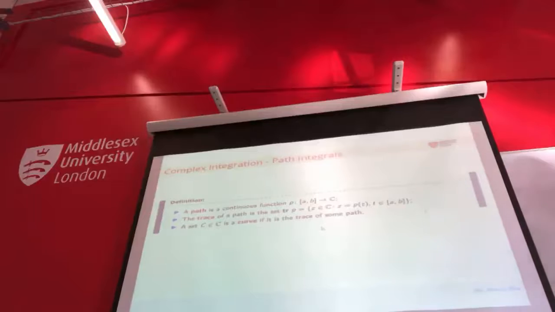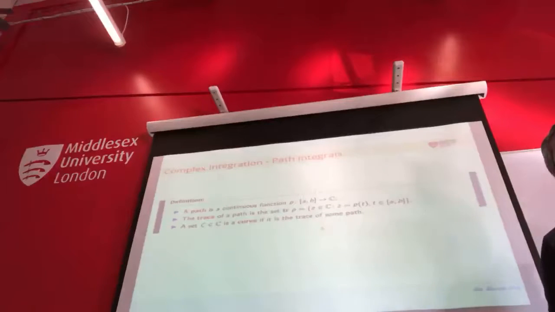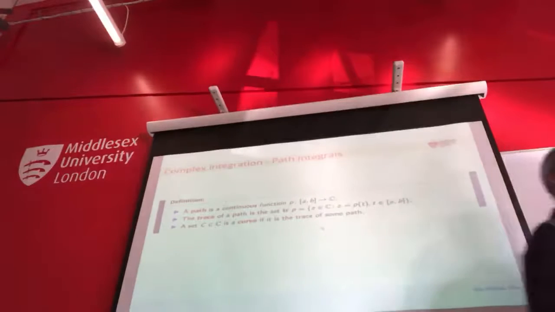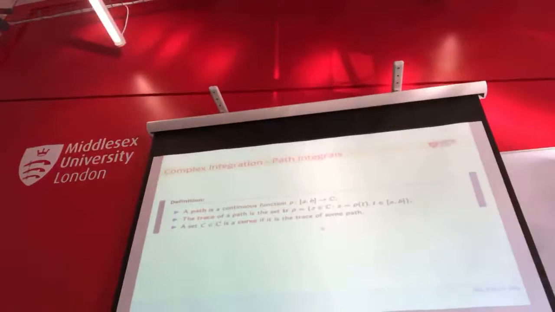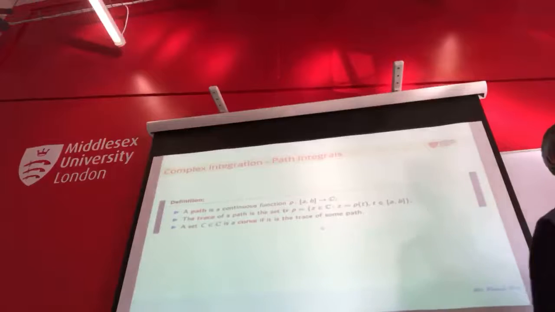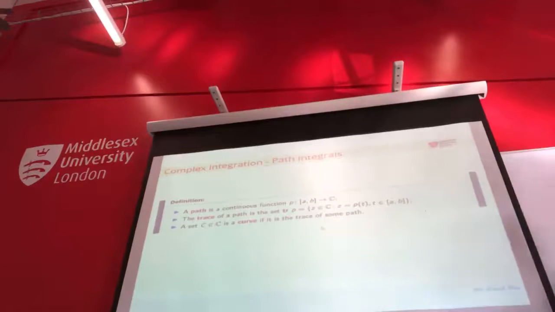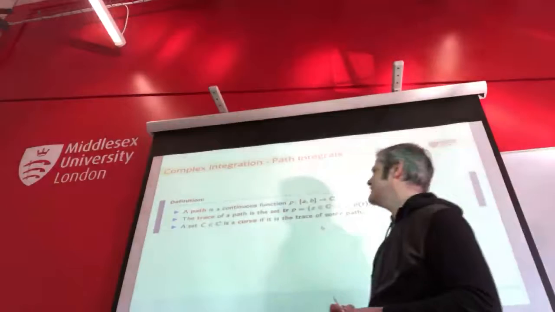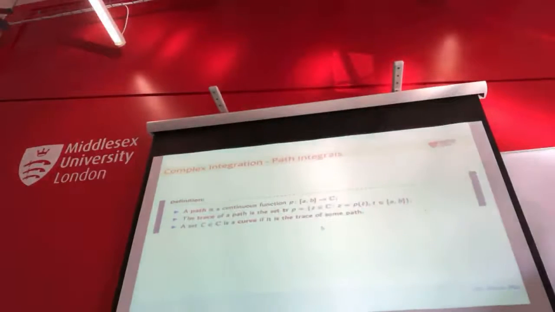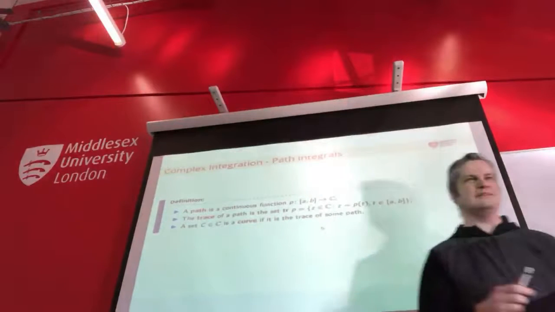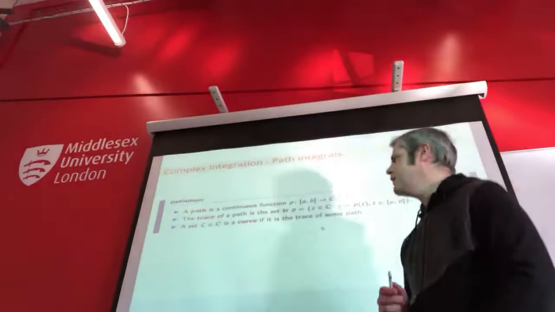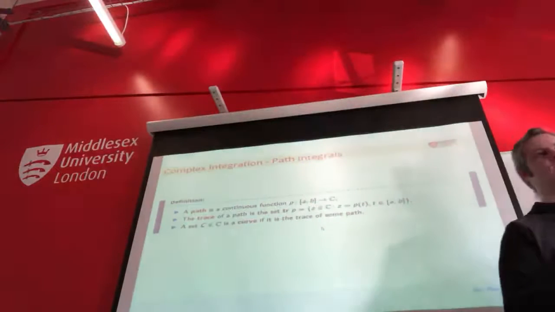So the proper way to define paths is as a continuous function. A path is a continuous function from the interval [a, b] to the complex numbers C. Then you've got to be careful about what you're really defining.